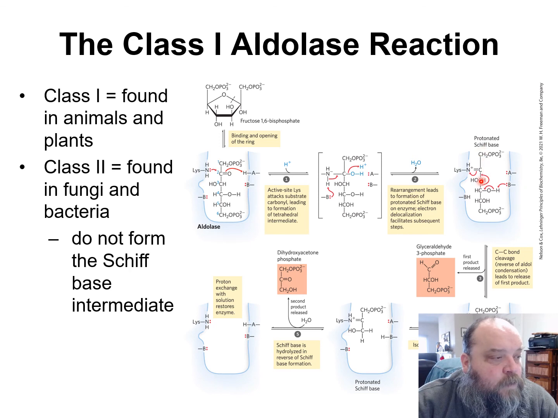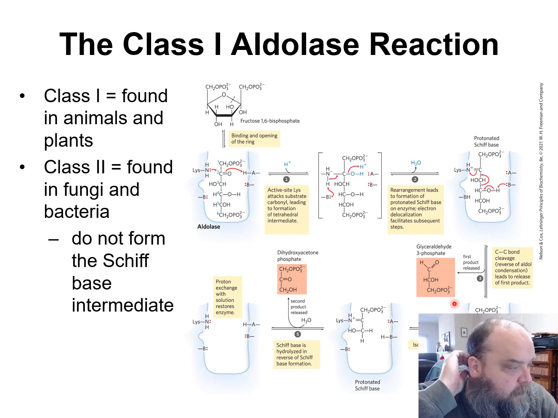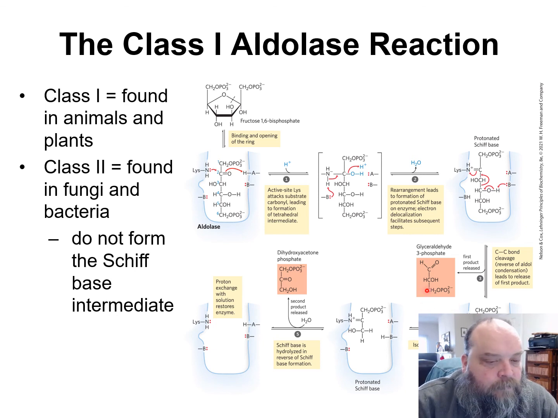But carbons 1, 2, 3 still aren't finished yet. We see the addition of water to break some of the bonds, and then the dihydroxyacetone phosphate is released, and then you get resetting of the system during proton exchanges as hydrogens are shifted around.